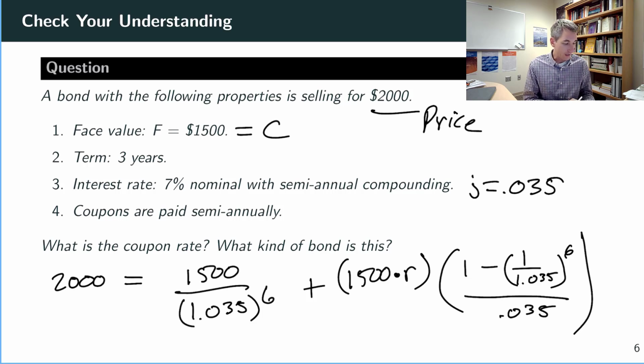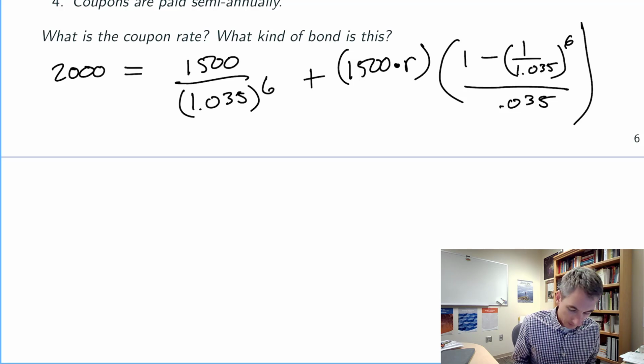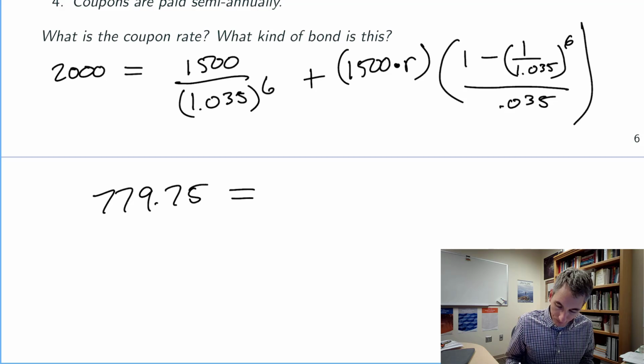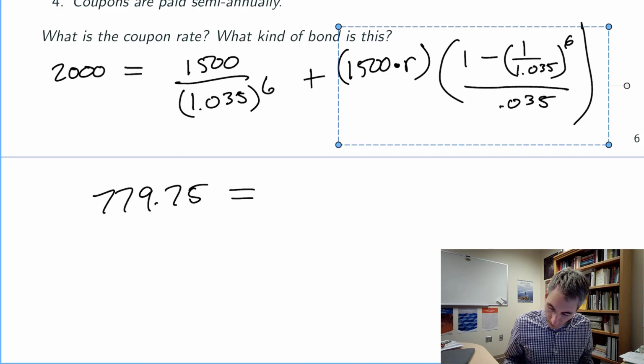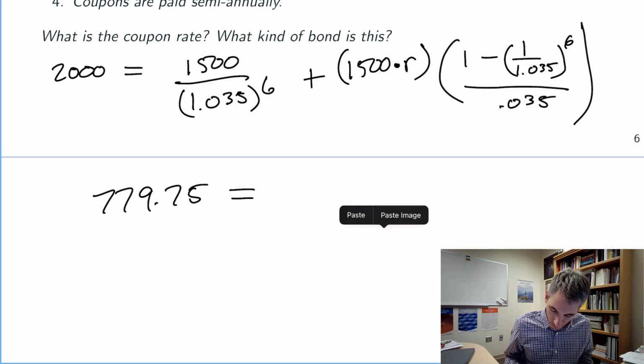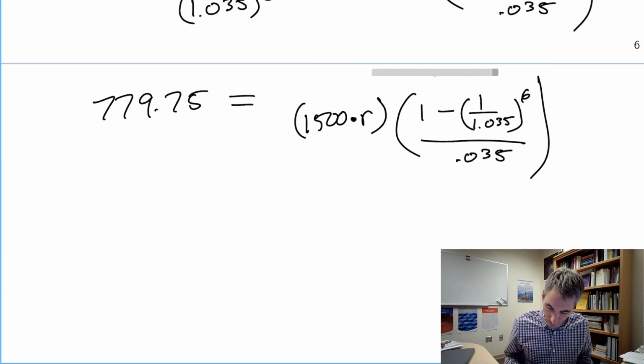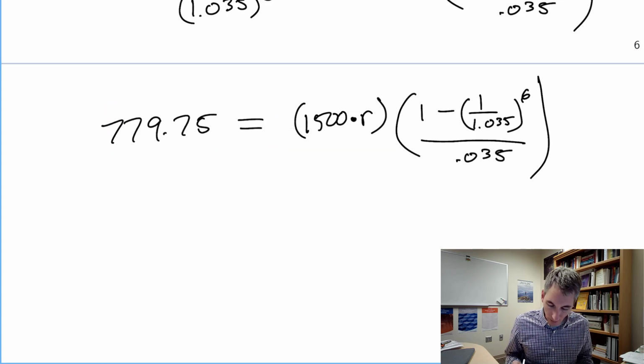So we can take $2,000. We can subtract 1,500 divided by 1.035 to the 6. That leaves $779.75. Okay, so I'm just going to slide this up. $779.75 should equal this stuff right here. So let's work that out. We can divide 779 by 1,500.